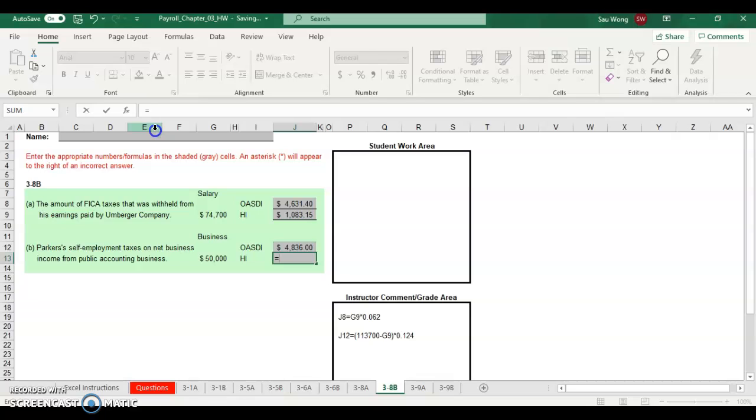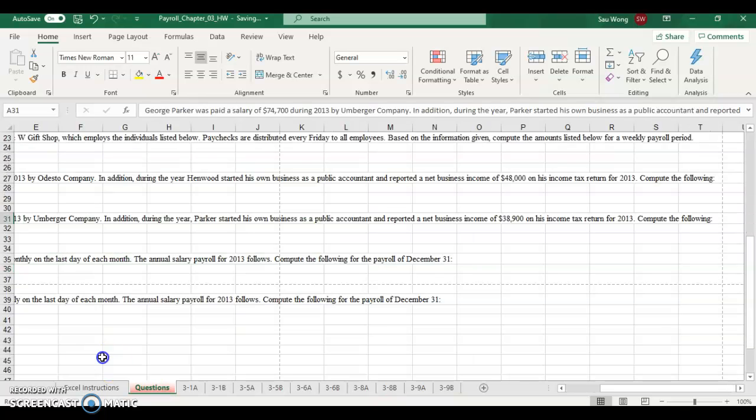There's no cap, so he needs to pay G13 times 0.0145, 1.45%. Okay, we finished 3-8B. We go back to the question for 3-9B.